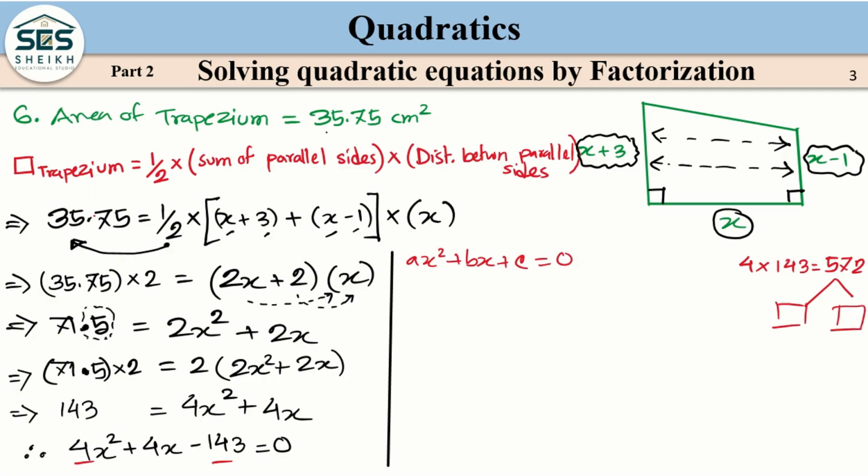This one is a bigger number, so we need to divide it into some parts. If we divide 572 by 2, we get 286.